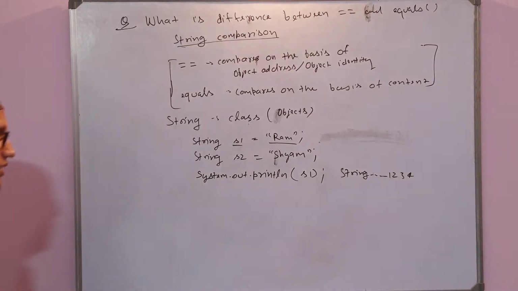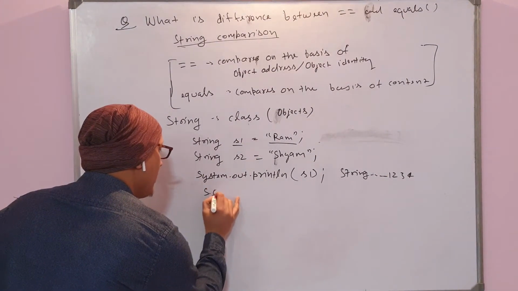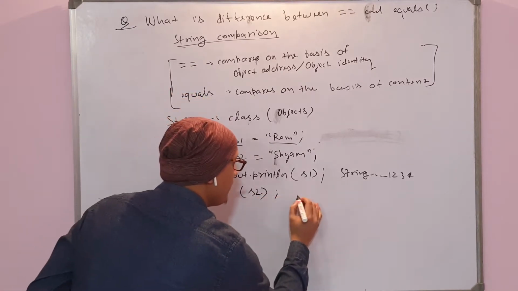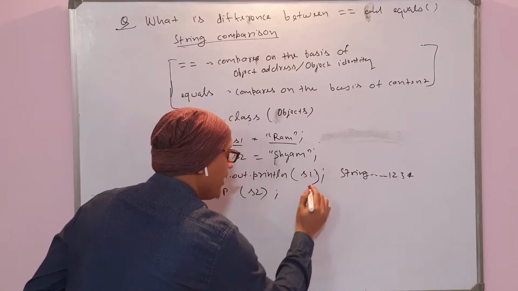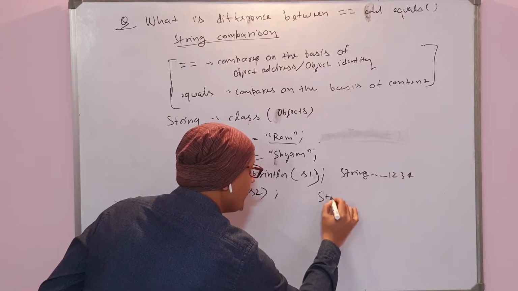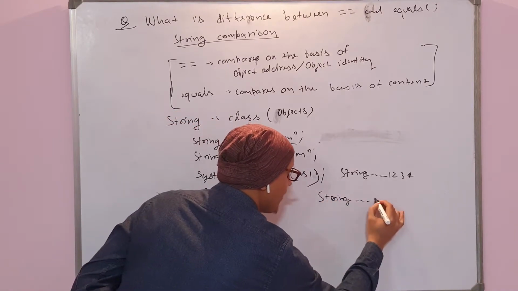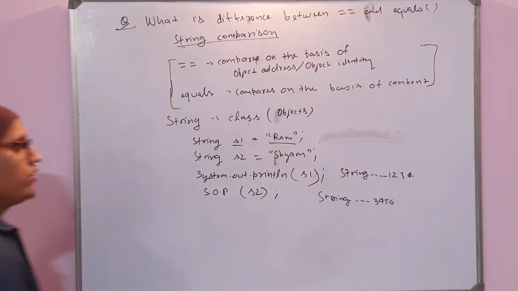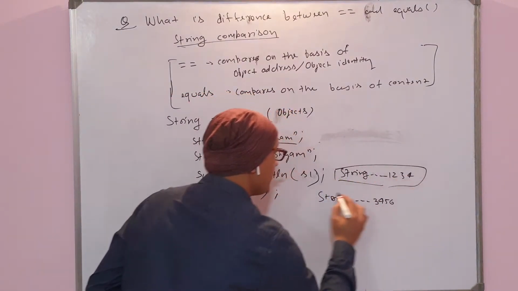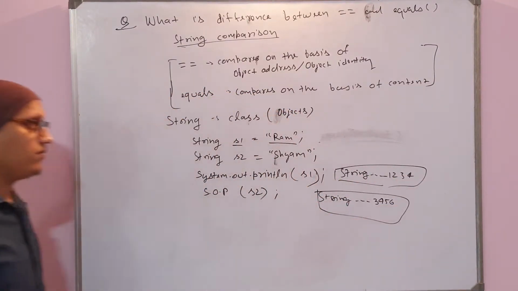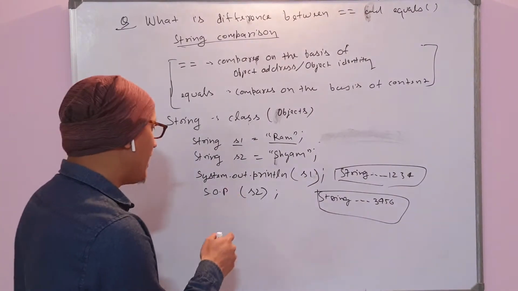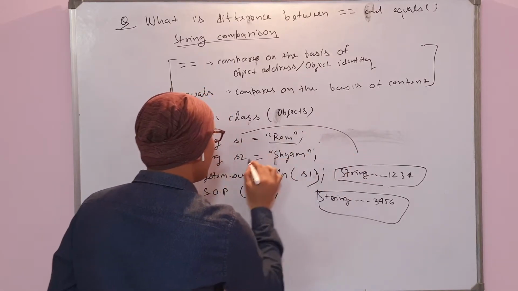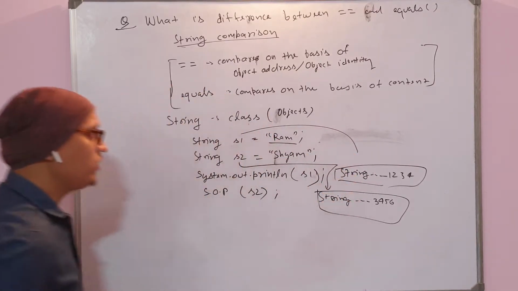In the same way, if I write the shortcut SOP of s2, it will again give some data, a string and some values like 3 4 5 6. Okay, so this is called object identity. So s1 will be referring to this one and s2 will be referring to this one.